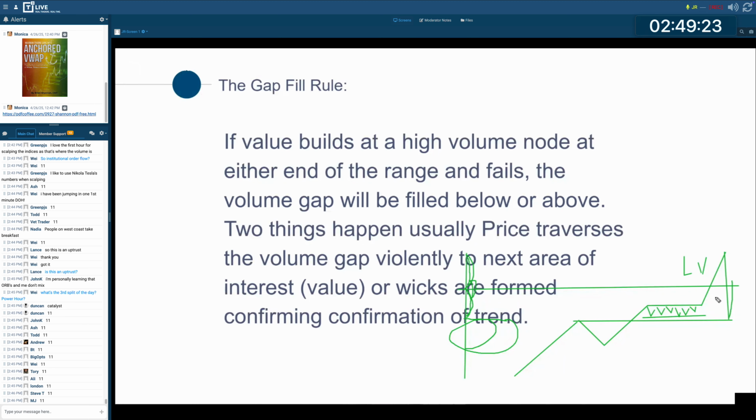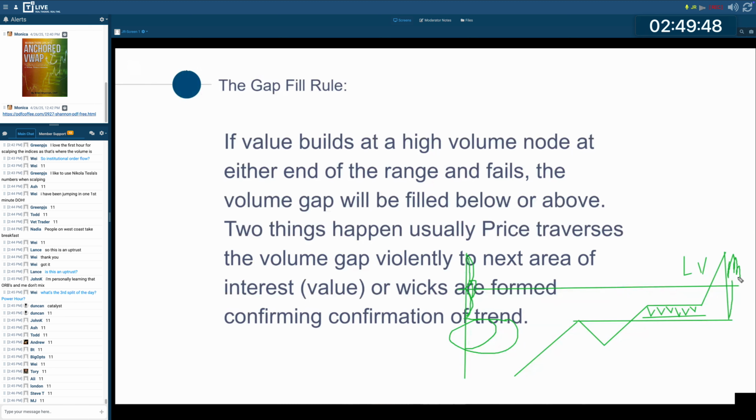Okay, that's the curiosity of volume gaps. They're places where people are not interested in transacting. So you'll either flush right through, or you'll look like you're washing out and then form a giant sort of bottoming candle through it, and then begin to bounce and begin to build volume here.